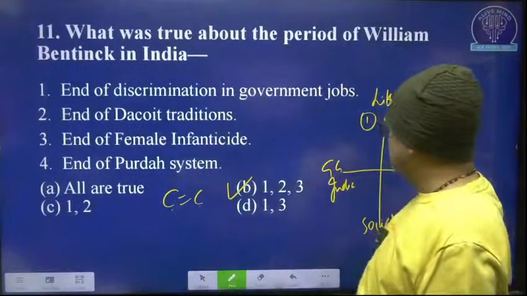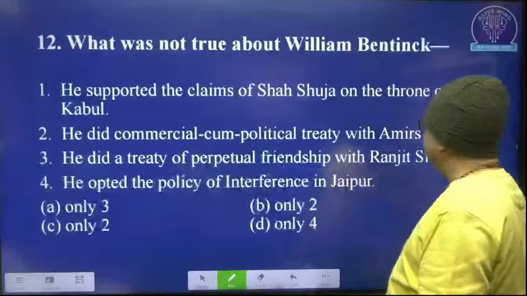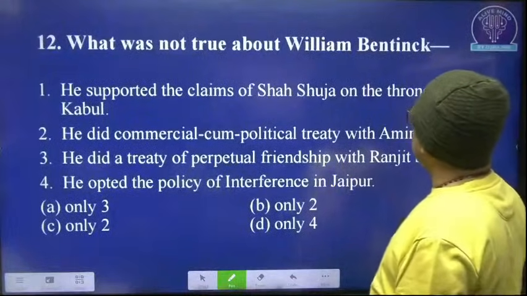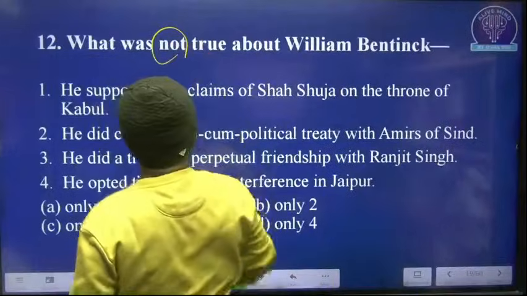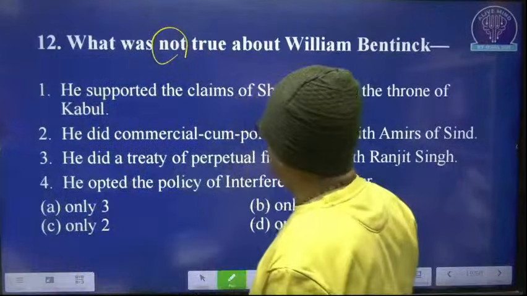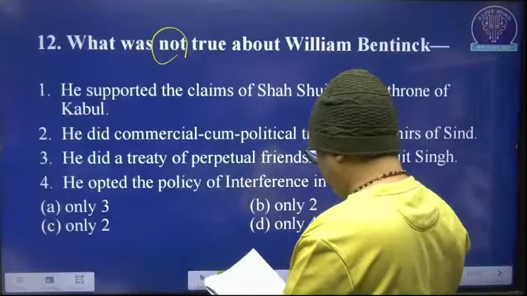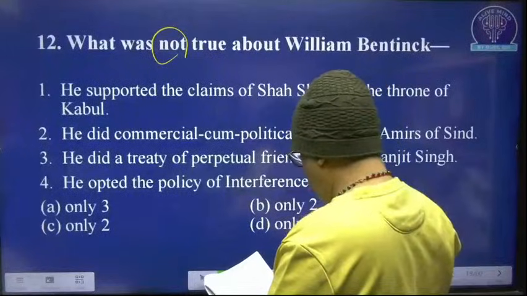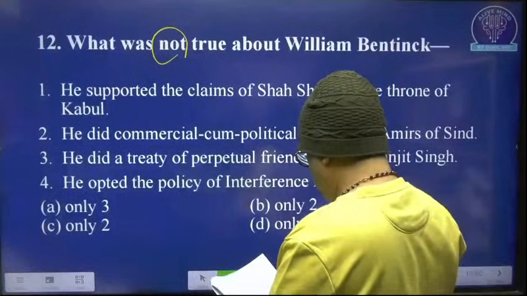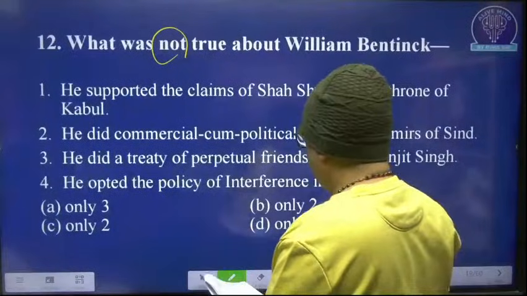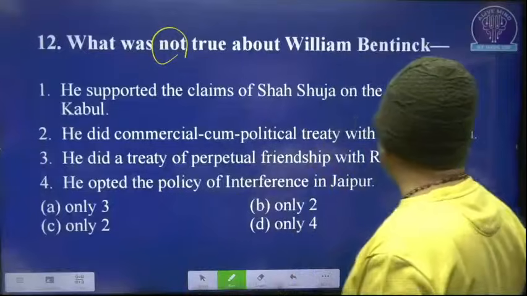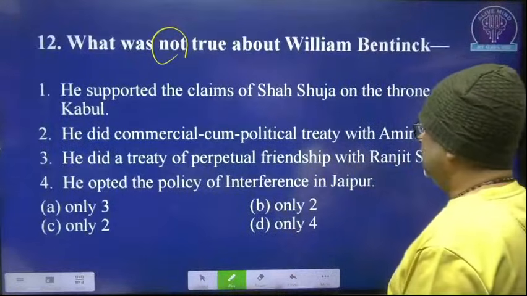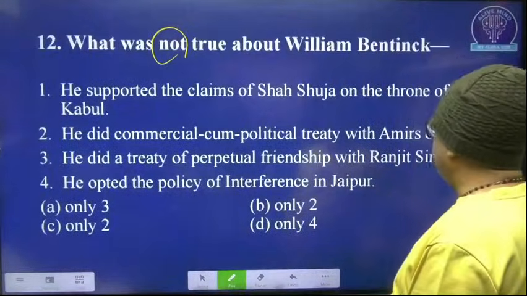11th B. What was not true about William Bentinck? He supported the claims of Shah Shuja on the throne of Kabul. Is it? He did commercial cum political treaty with the Amirs of Sindh. He did treaty of perpetual friendship with Ranjit Singh.